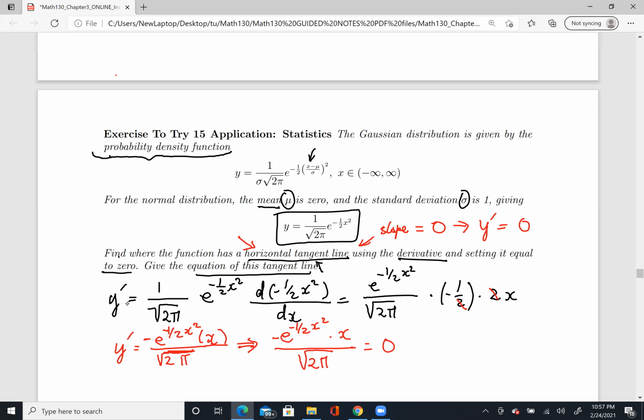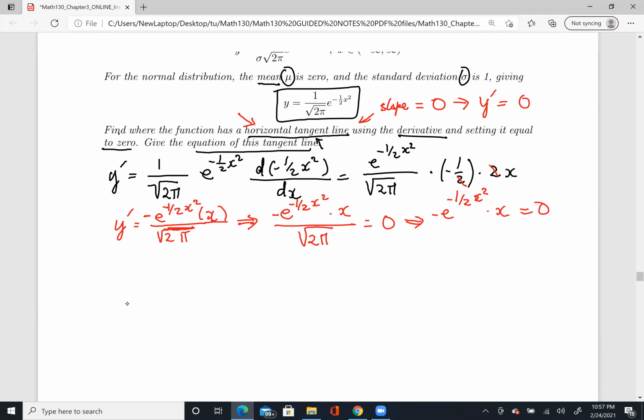Right? And then since that, you can right away know that the top has to be equal to 0, which is negative e to negative 1/2 x squared times x equal to 0. Because if you multiply by square root 2 pi on both sides, you're going to get the top equal to 0.